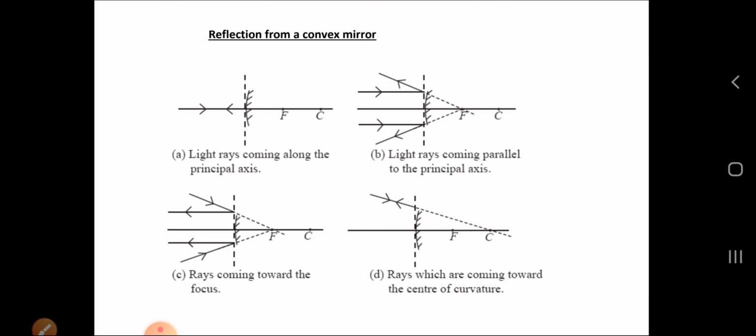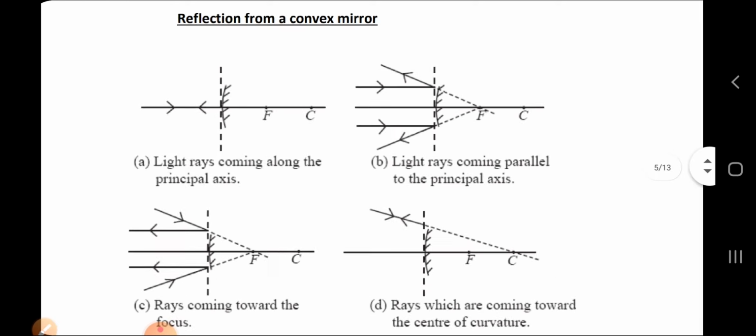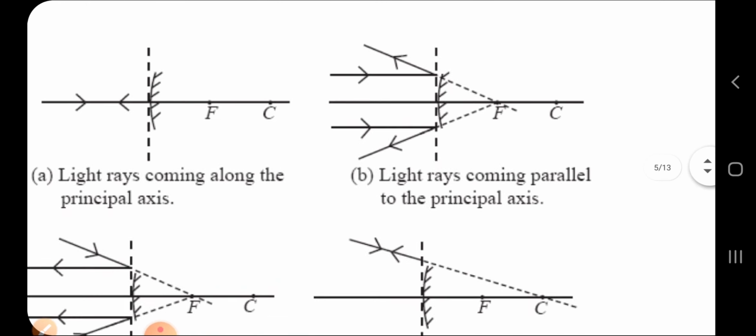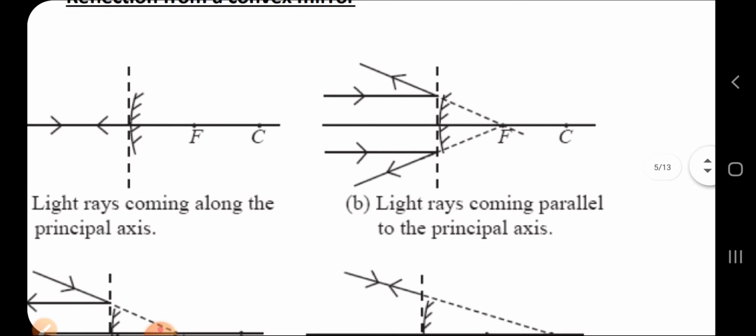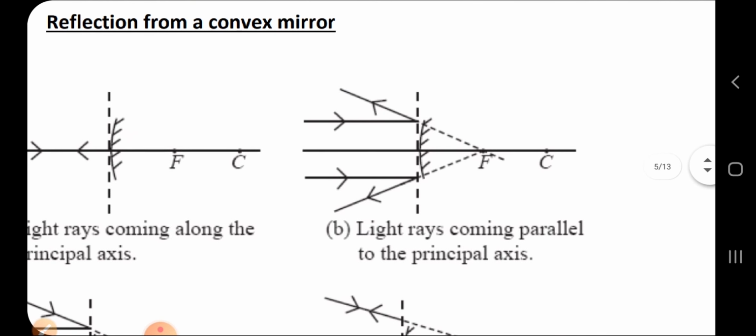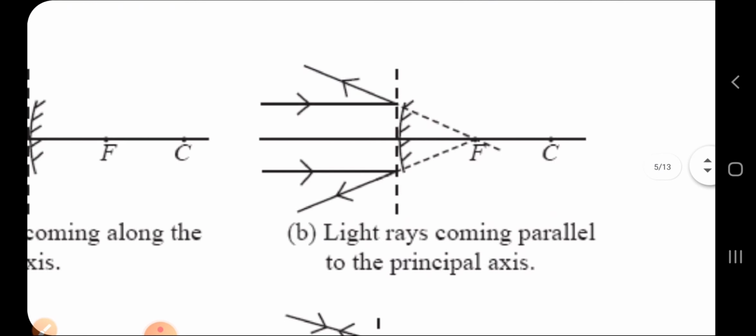we talked about the light rays which are coming towards the concave mirror being converged, but in a convex mirror what happens, when the light rays come, the light rays will be diverged. That means they will be dispersed away from each other.